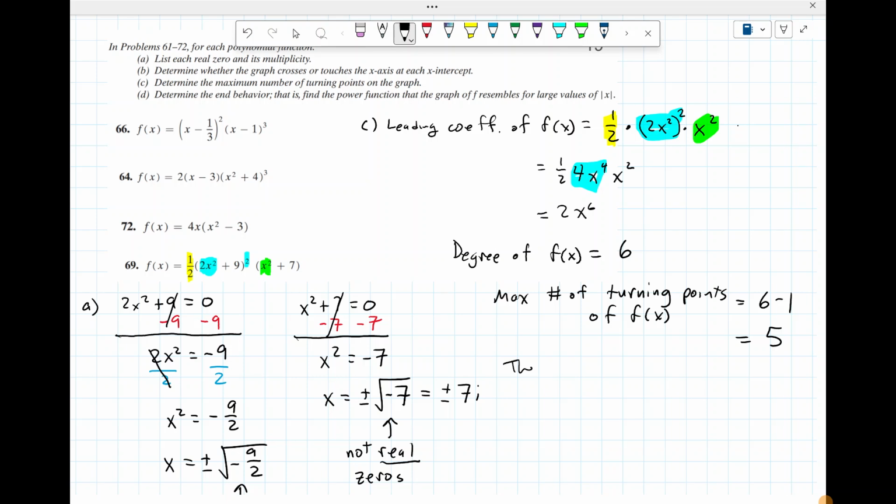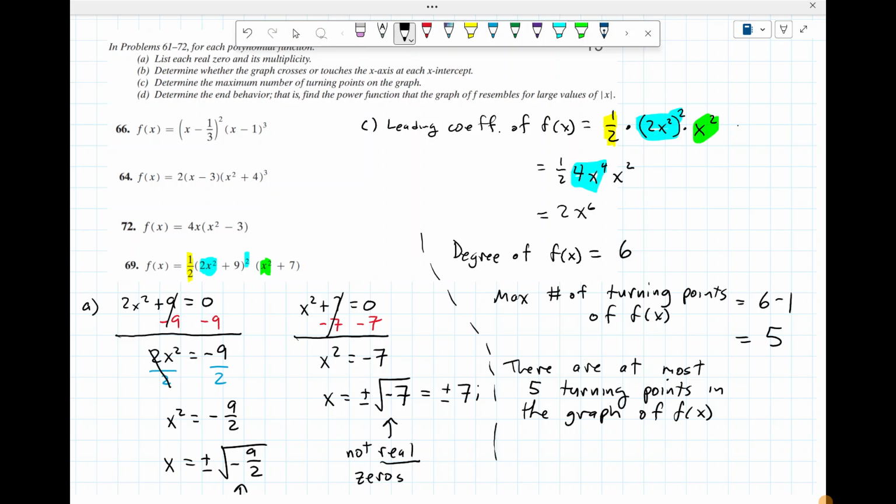There are at most 5 turning points in the graph of f of x. So that is part C.